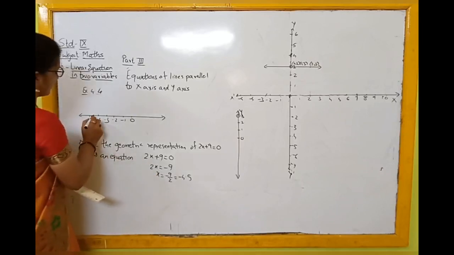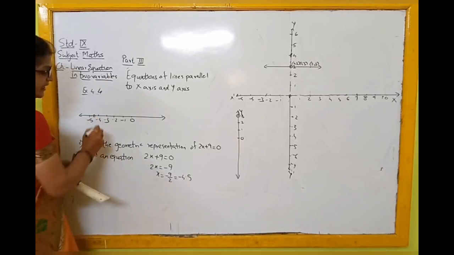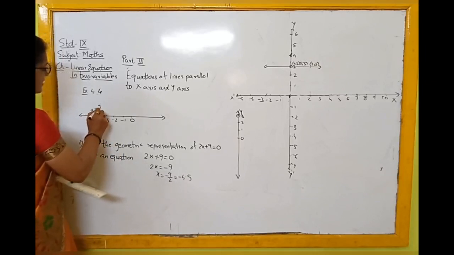So it is minus 4.5. So this point is here, x is equal to minus 9 by 2.